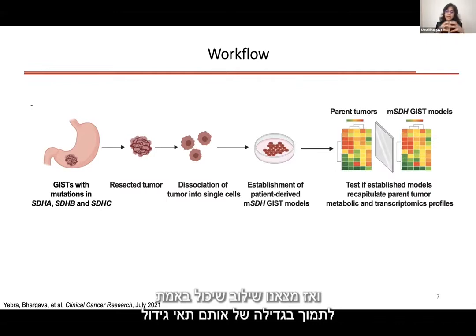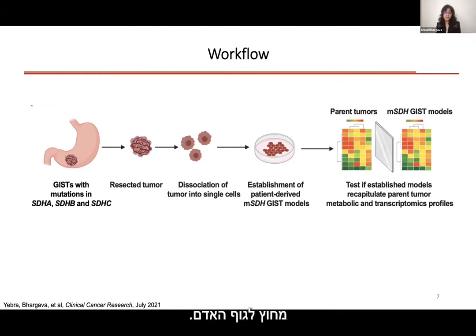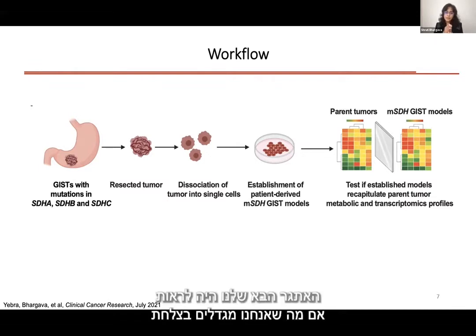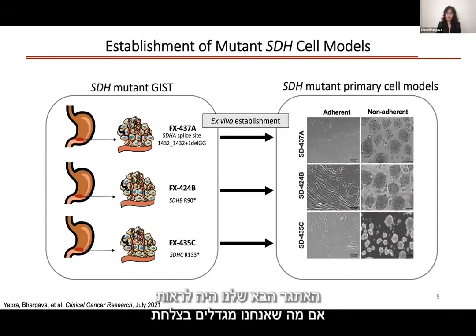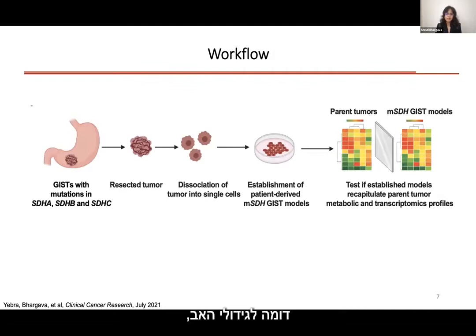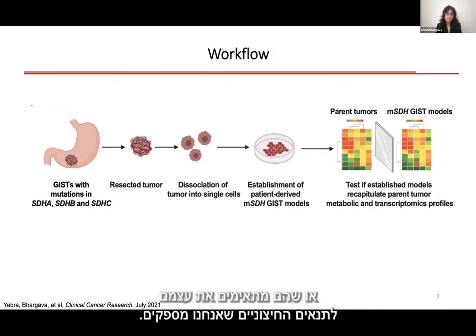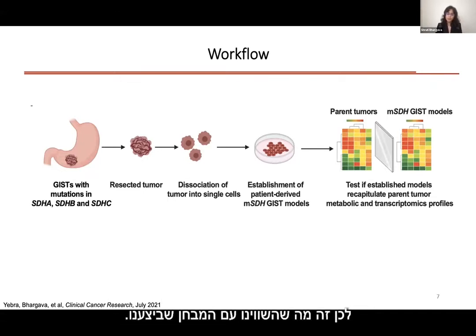Then we found an apt combination which can sustain the growth of these tumor cells outside a human body. The next challenge was to see whether whatever we are growing in the dish is actually similar to the parent tumors, or is it getting adapted to the external environmental conditions that we are providing? So that is what we compared with different tests that we performed.